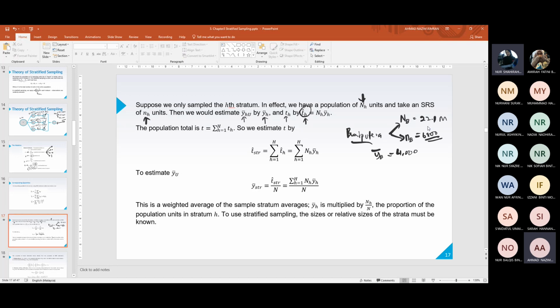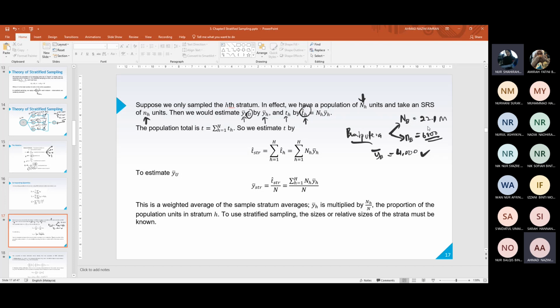This is just an example. So we can say that the mean salary of all Bumiputra in Malaysia is 4,000. That is why we can estimate the Y bar HU, where U means the overall population, by using the sample that we randomly selected, 6,800.